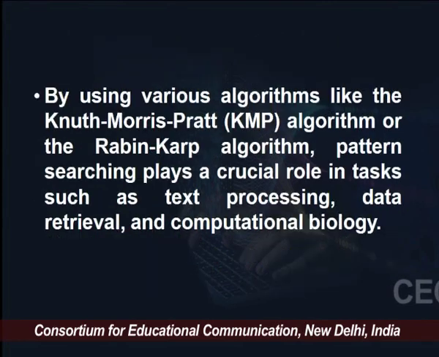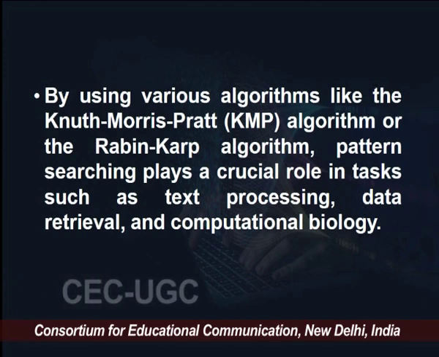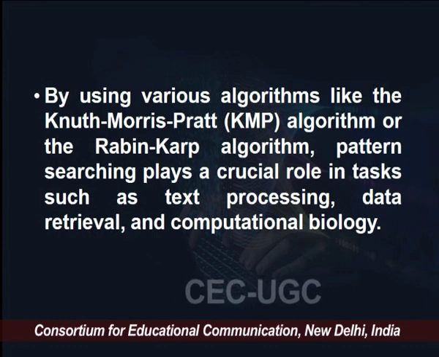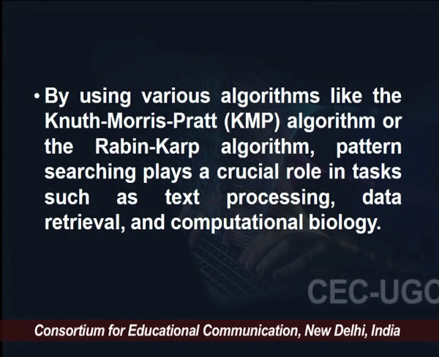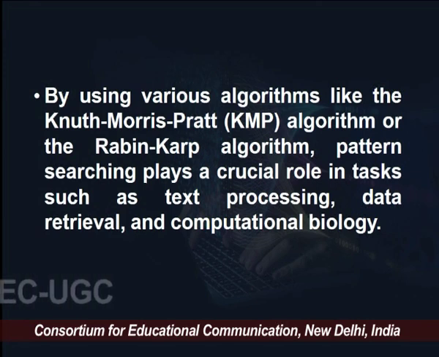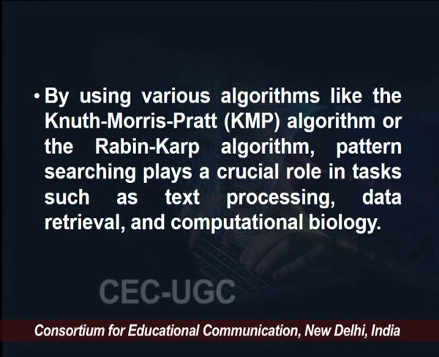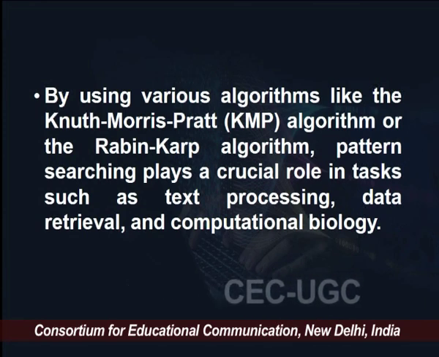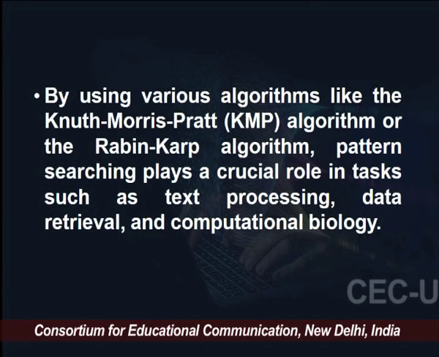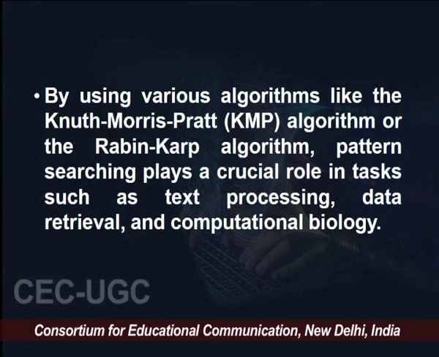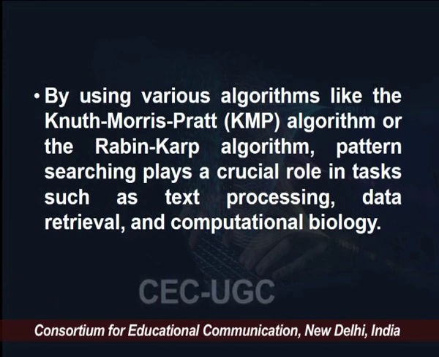Now, what are the algorithms which are available for this? In this particular course we are going to learn at least 3 algorithms for the task of pattern matching. We have the naive string matching algorithm, then we have the Knuth-Morris-Pratt algorithm, which is commonly known as the KMP algorithm.